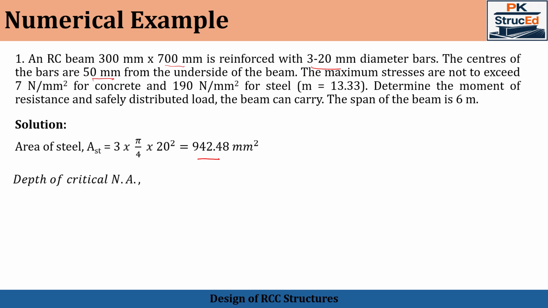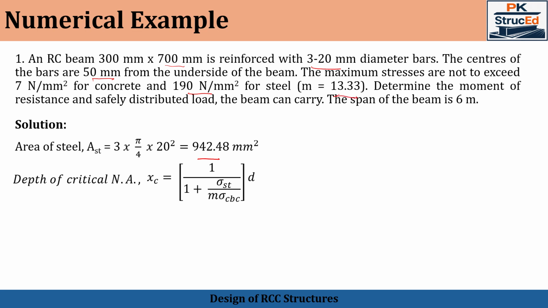The depth of the critical neutral axis can be calculated using the relation that we have already used in the previous slide. XC will be equal to 1 divided by 1 plus sigma ST by m into sigma CBC, into d, where sigma ST is the permissible tensile stress in steel, given as 190 Newton per mm square, and m is the modular ratio, given as 13.33.